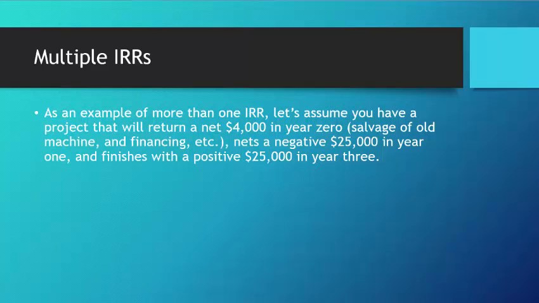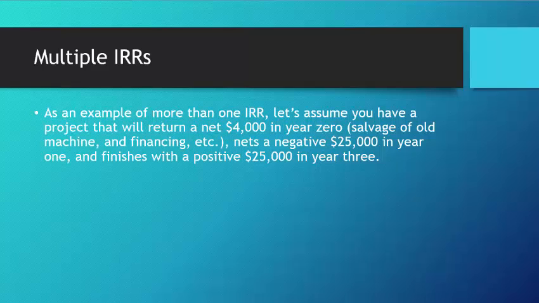Let's assume you have a project that will return a positive 4,000 in year 0. Let's assume that I'm salvaging an old machine and there's some financing in place and I don't have to actually pay for anything the first year, and so I get a positive 4,000 up front.